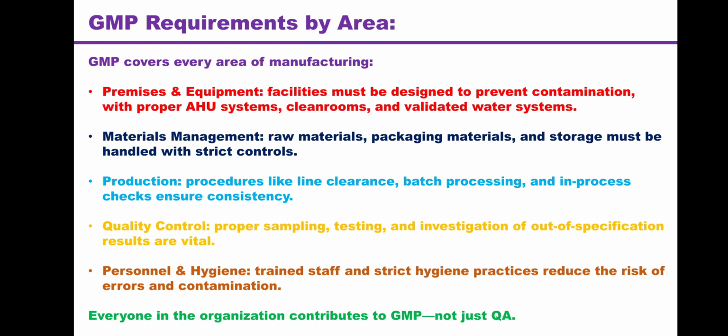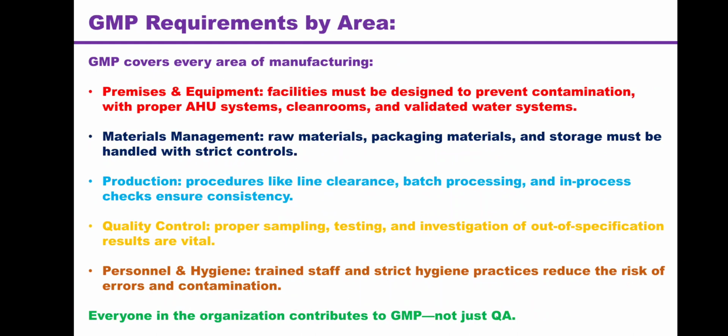Because these three factors are very important for controlling the environment. If the AHU system is not proper, then contaminated air will come into the area, and if the water system is not validated, then we are unable to generate pharma standard purified water.